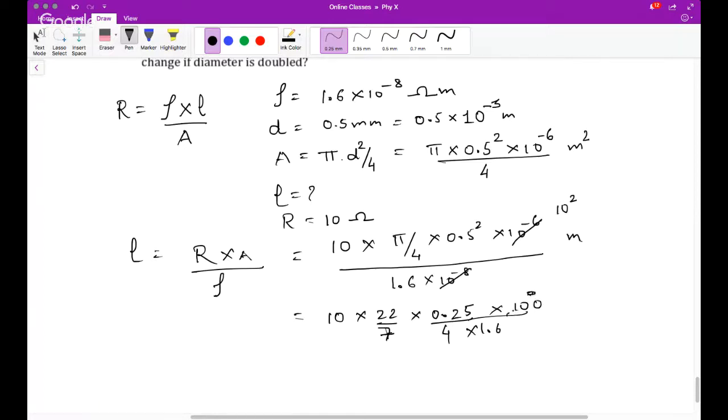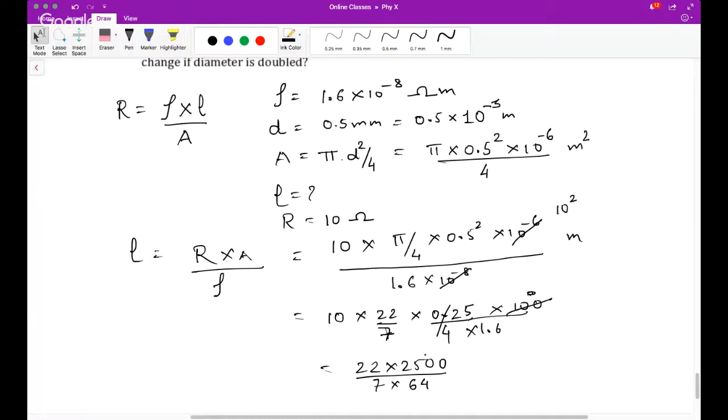So you can strike off this 100 and cut this decimal. So hence it becomes 22 into 250 upon 7 by 16, 6.4. So 6.4 can be written as 64, and I put a 0 over here.